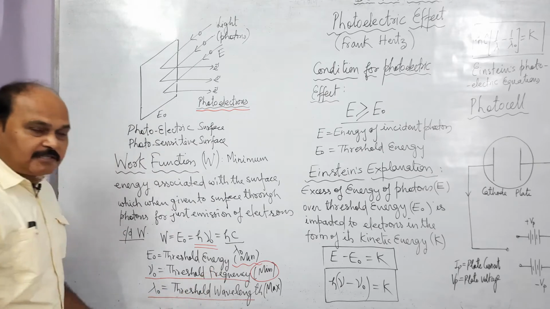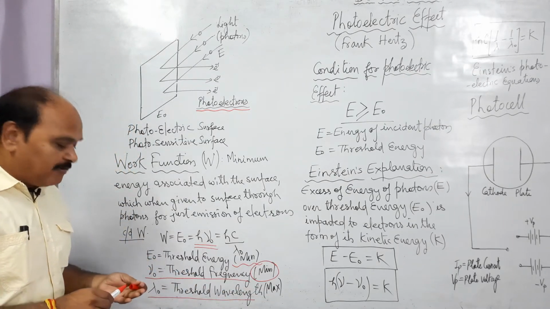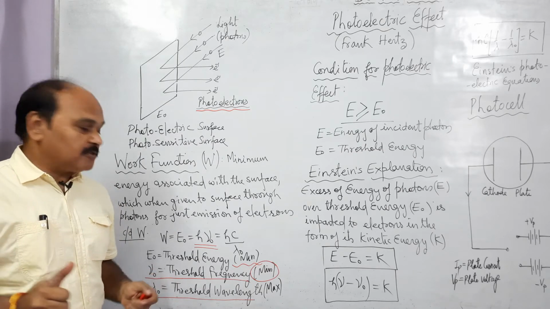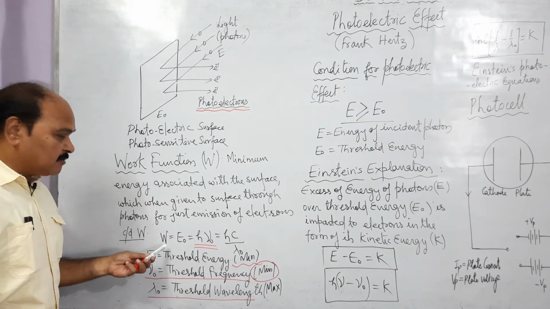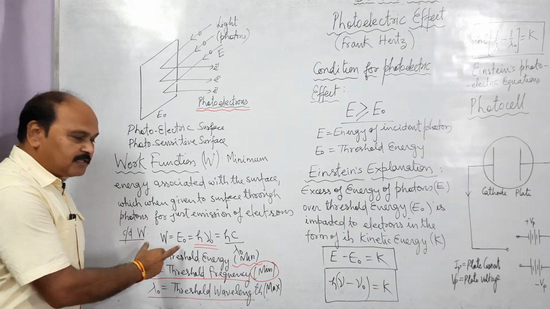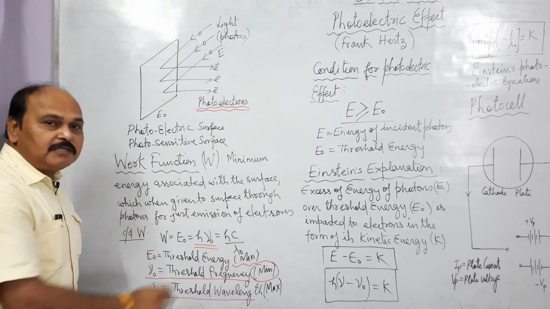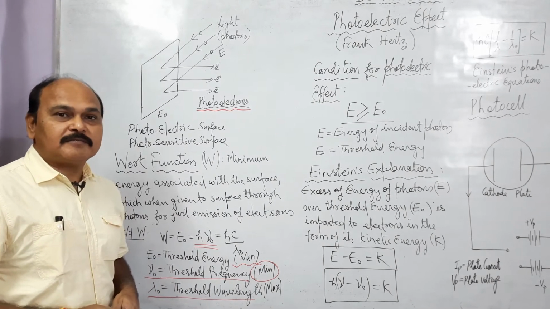So threshold wavelength is defined as the maximum wavelength of light which, when incident over a surface, is for just emission of electrons from the surface. Remember, children, whether it is work function or threshold energy or threshold frequency or threshold wavelength, all these are characteristic properties of a photoelectric surface.